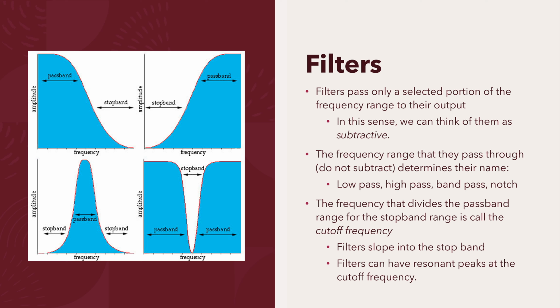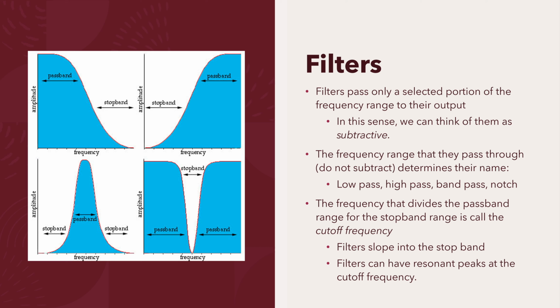And the way that it makes a decision about what to let through and what not to let through is based on what the frequency is, or how high the sound is, or how low it is. So in this sense, we can think of filters as subtractive. We have all of the sound that's coming into them, and they decide, what should we get rid of? What should we let go through? What should we hold back? What should we let pass?